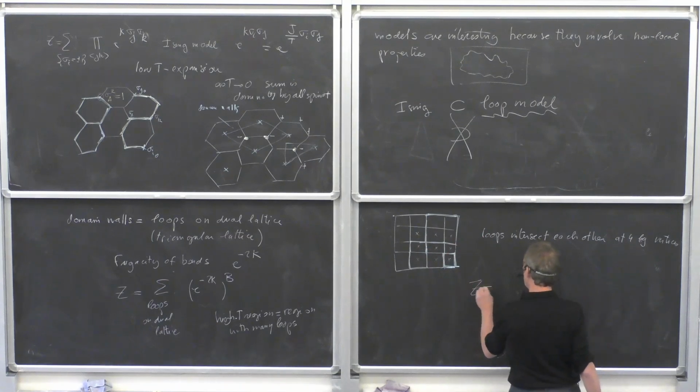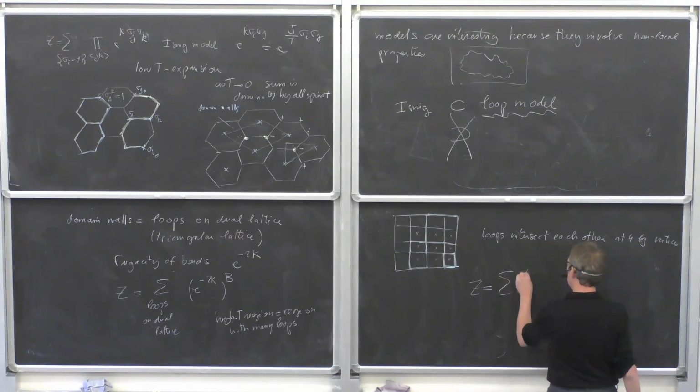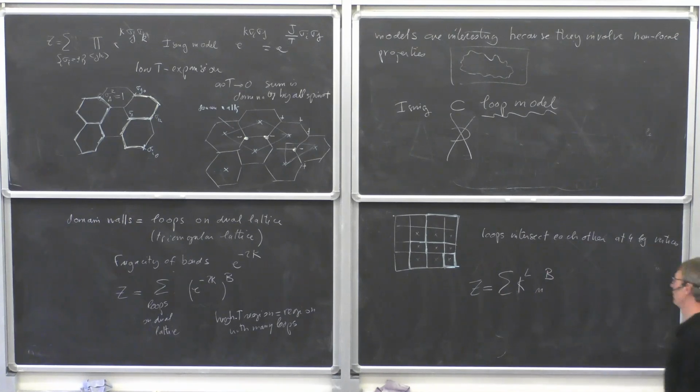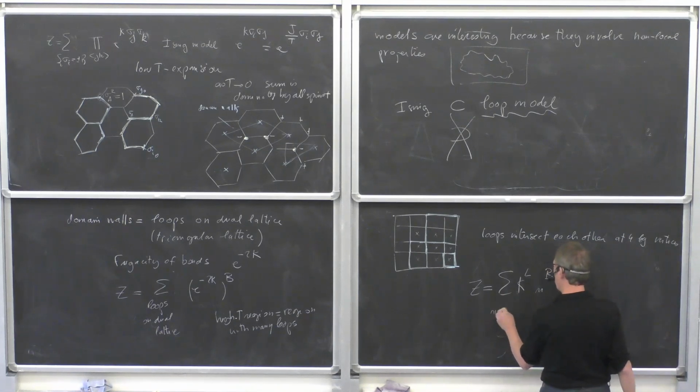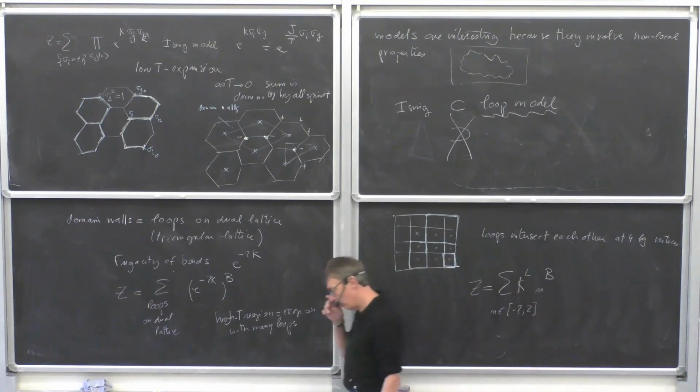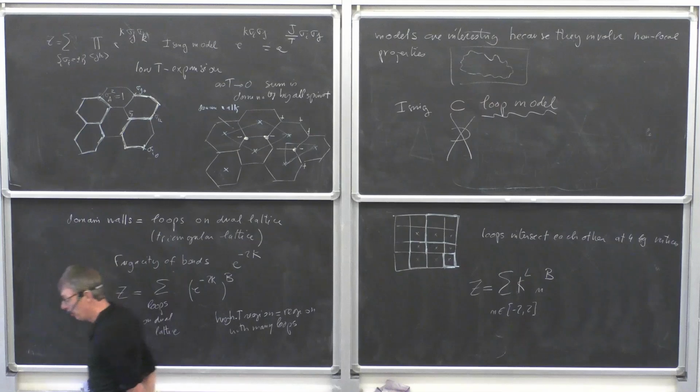So when we write the loop ensemble, now we have to be a little bit more careful. I'm going to restrict myself to n belonging to the interval minus 2, 2, which means, by the way, I'm allowing myself to have n negative.